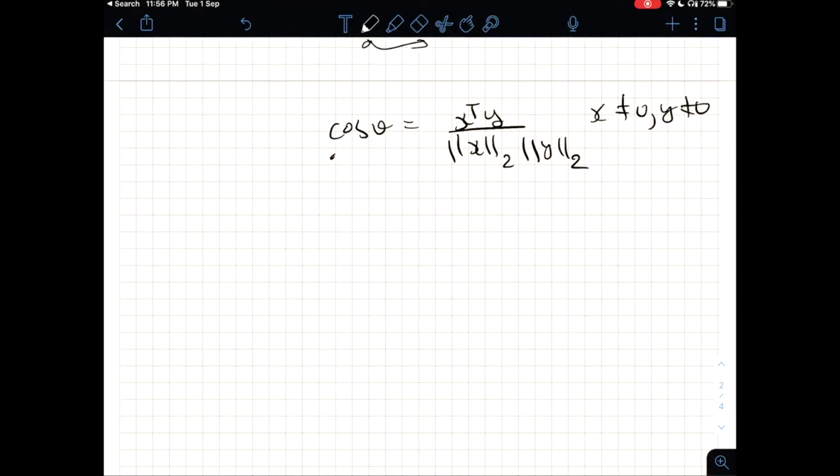Angle between two non-zero vectors. Okay, that's great. Now you have a notion of distance in Rn, Euclidean distance, and you have a notion of angle in Rn, and it is just expanding your geometry from second and third dimension to n dimension.